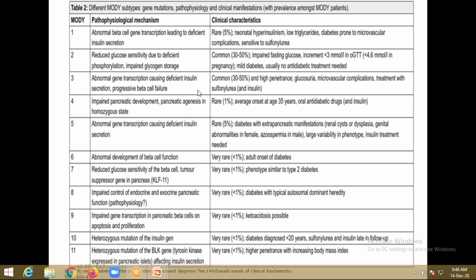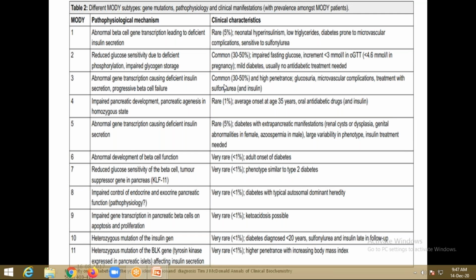Coming to type 3, there is abnormal gene transcription causing deficient insulin secretion and progressive beta cell failure. It is common in 30 to 50%, and high penetrance is there. Glycosuria and microvascular complications can occur, and you can give a trial of sulfonylurea here also.